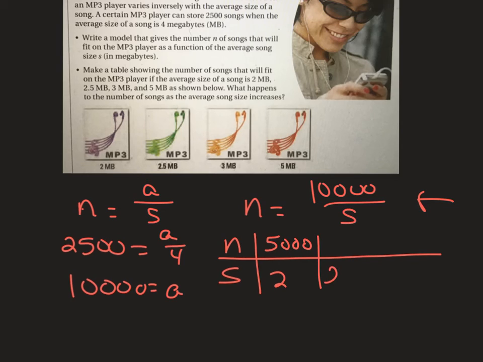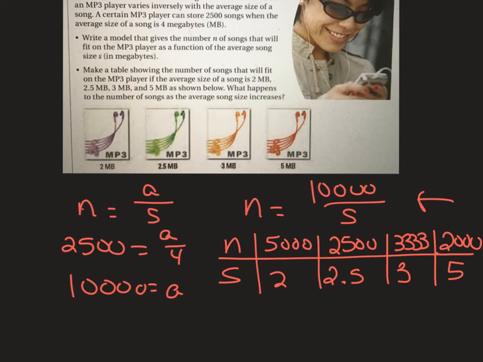If it's 2.5, plug that in for S, we get 2,500. If the size is 3, it's going to be a weird number, 3,333.3333, and I'm going to stop it right there. And if it's 5, it'd be 2,000.